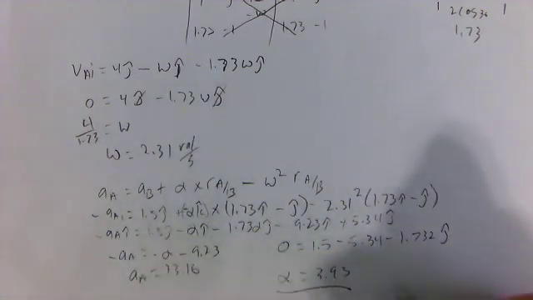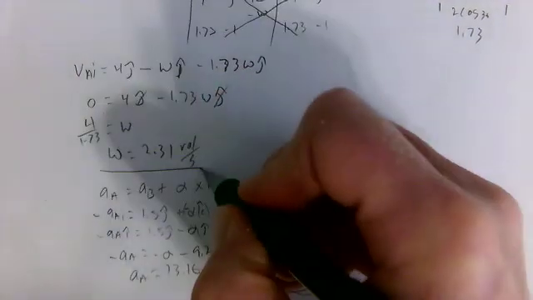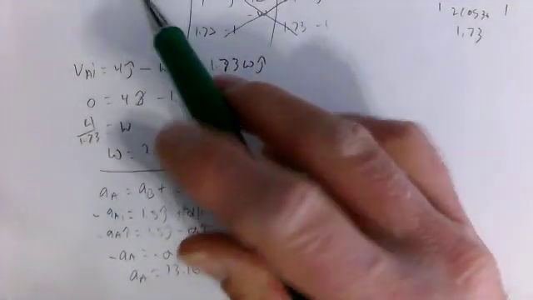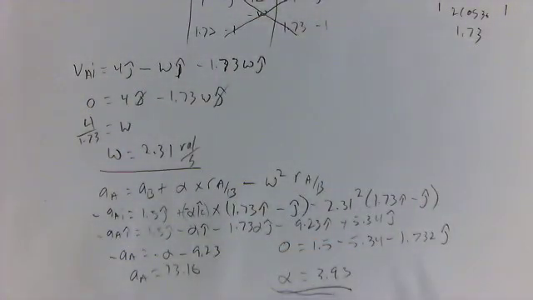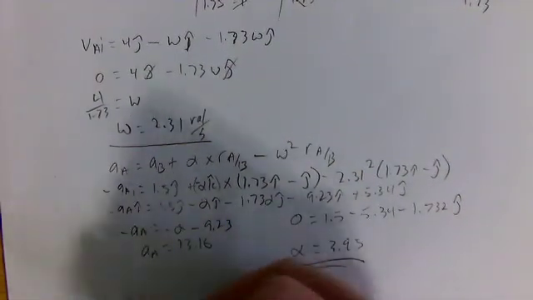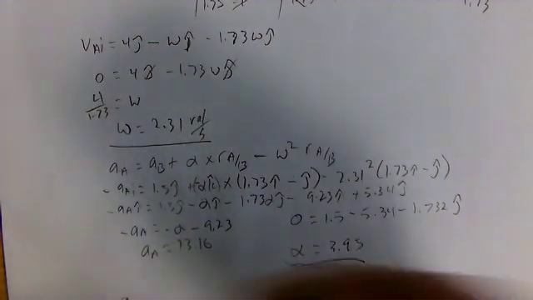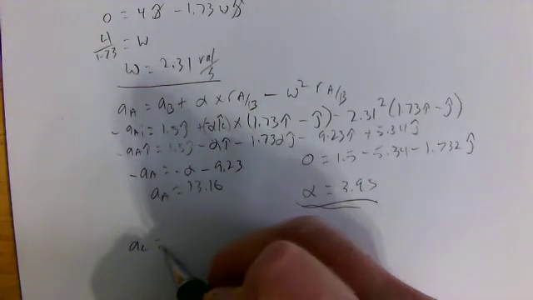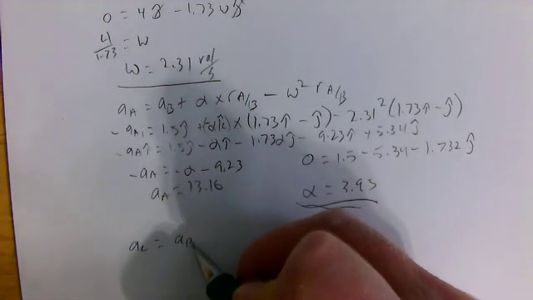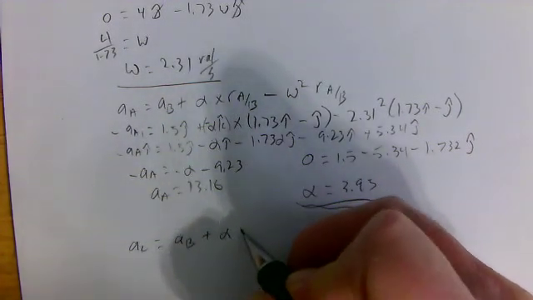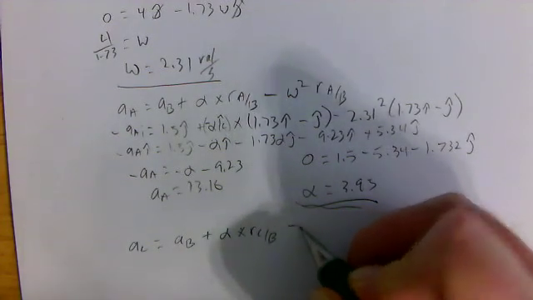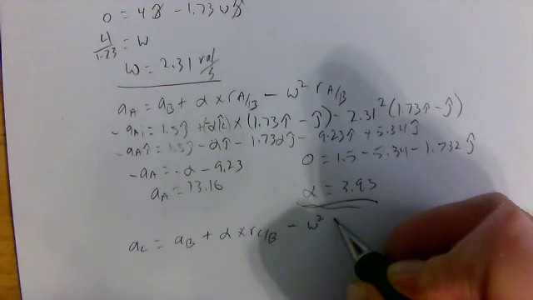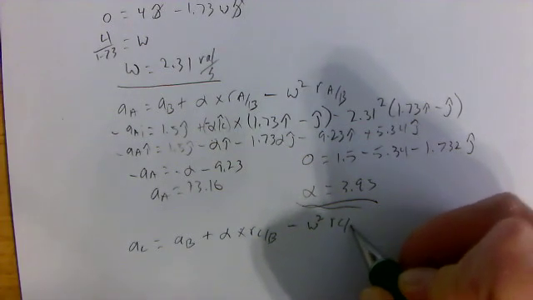That's 13.18. So now we have alpha and omega, and we can solve the equation for C to B. AC is equal to AB plus alpha cross RCB minus omega squared RCB.